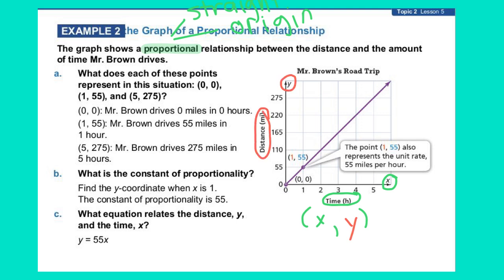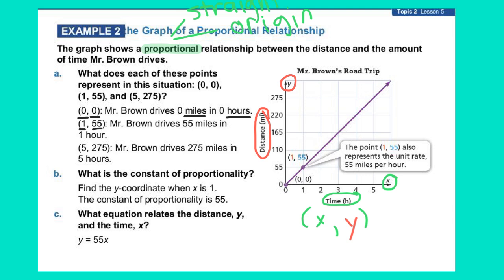It is distance in miles. So if they were to say 0, 0, I would ask 0 what and 0 what. And here's where we are adding labels. 0 miles, that's the X label. In 0 hours is the Y label.